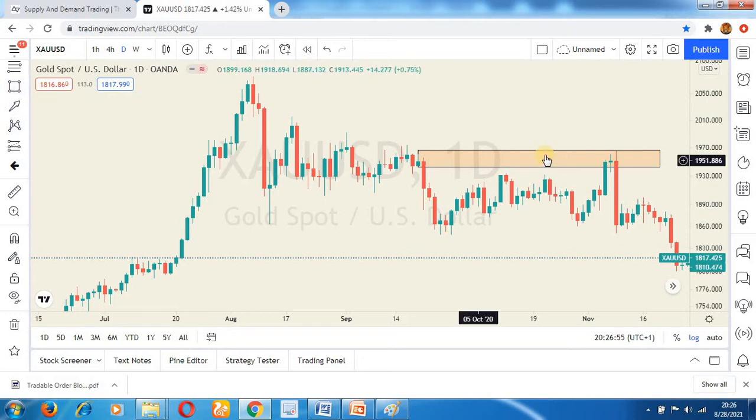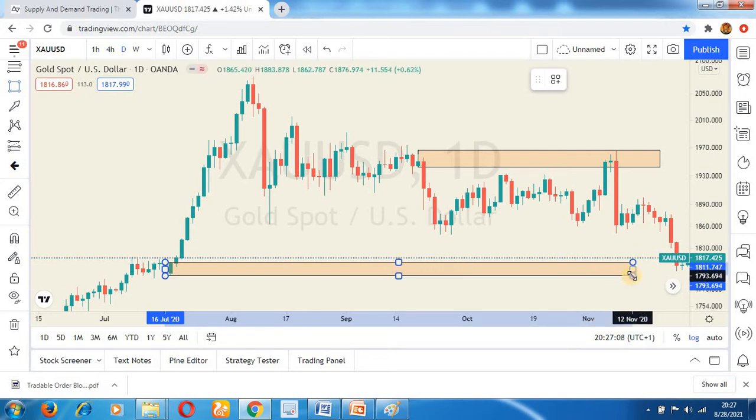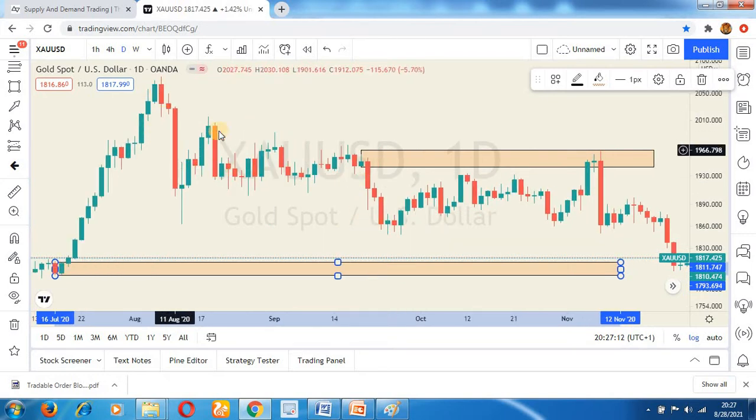So when this becomes a supply zone, if I want to plot my demand zone, this also becomes my demand zone. Now look at how price moves both ways. Even as price was dropping and it ranged a bit, it came down. After dropping, it came back to pick orders.